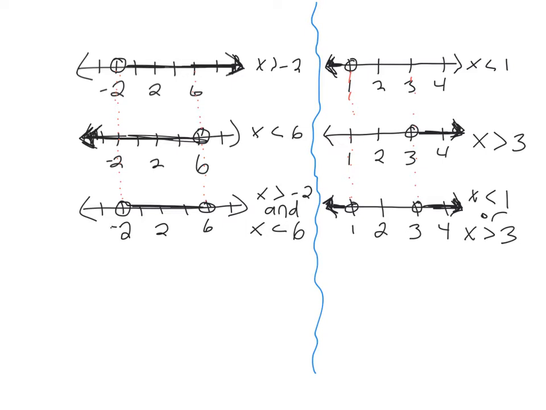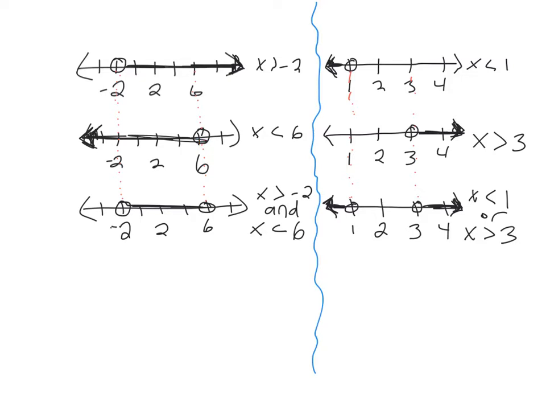Taking a look at our examples for our "and" compound inequality, you have to take both inequalities and put them together. Like x is greater than -2, you put an open circle at -2 and shade to the right. And with x is less than 6, you shade to the left.